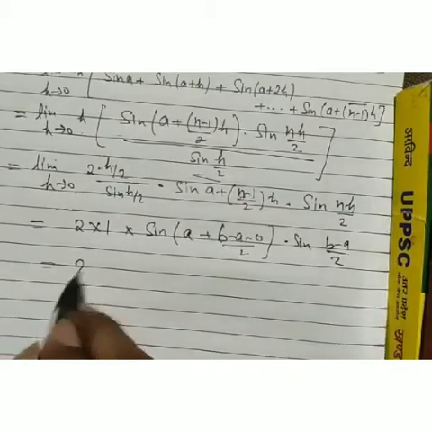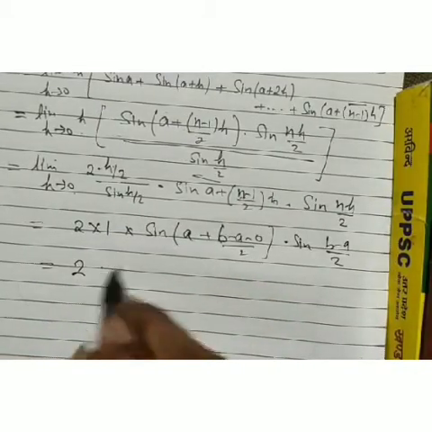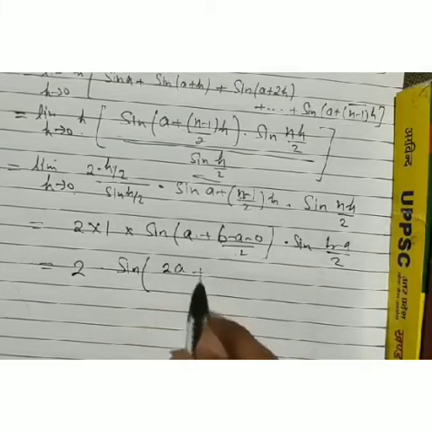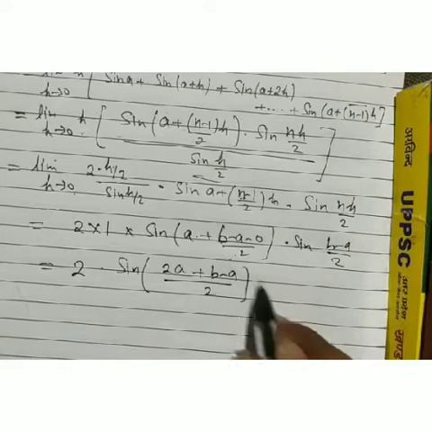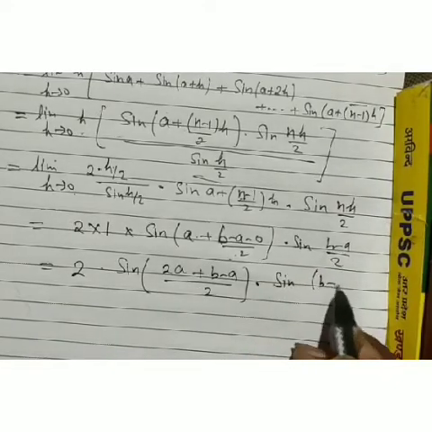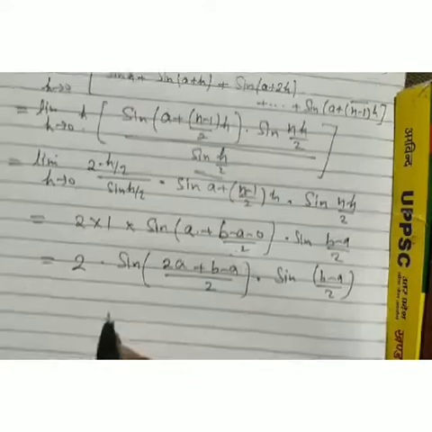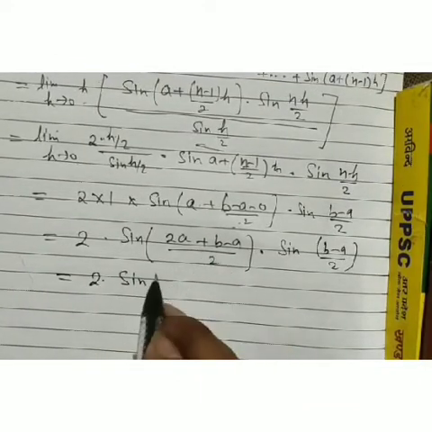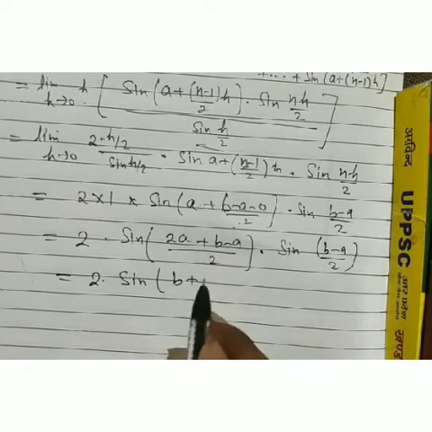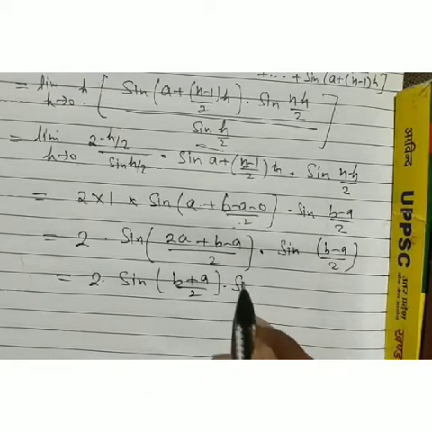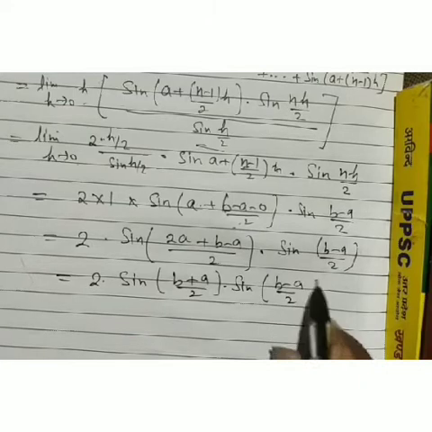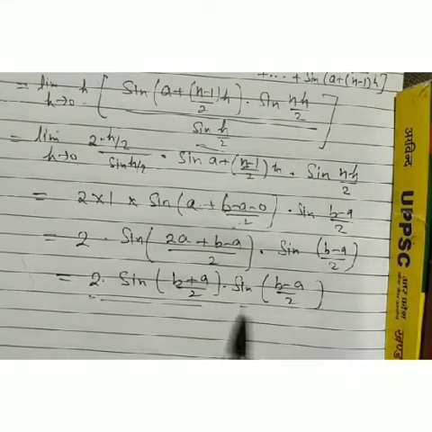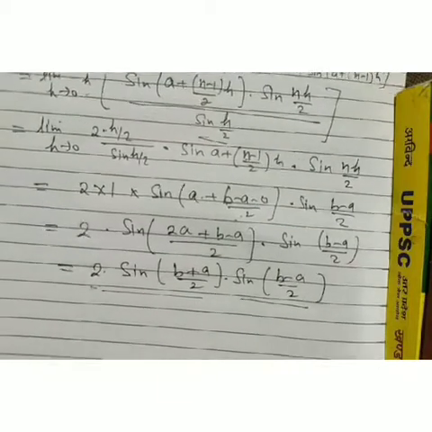Then now what we have? We have 2 into sin((2a + b - a)/2) into sin((b - a)/2). Then what we have? 2 into sin((b + a)/2) into sin((b - a)/2). Now we have 2 sin((b + a)/2) into sin((b - a)/2). How do we get this?